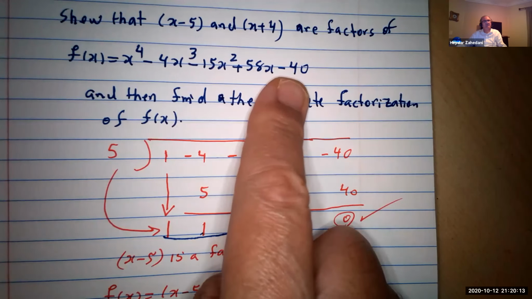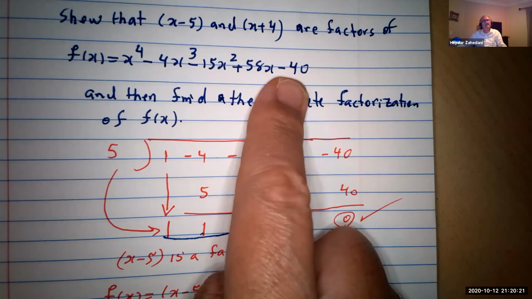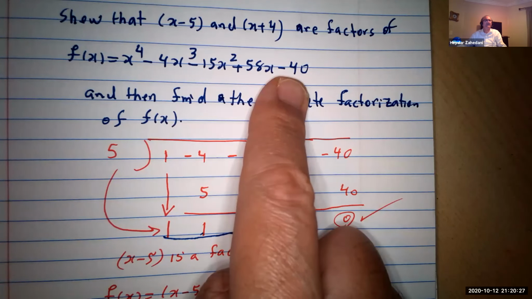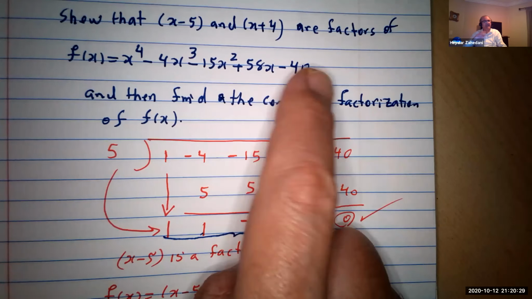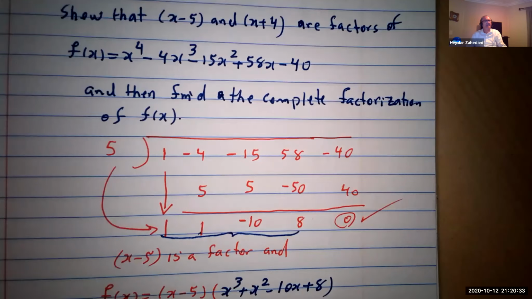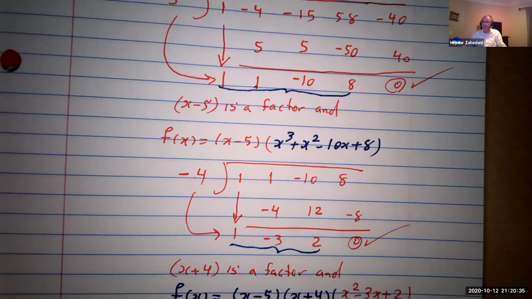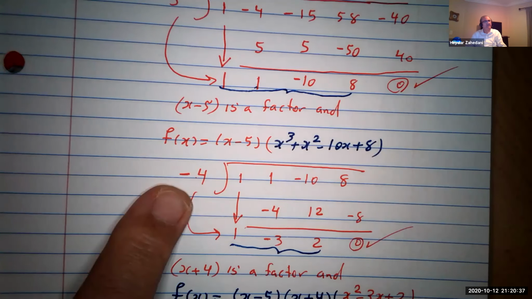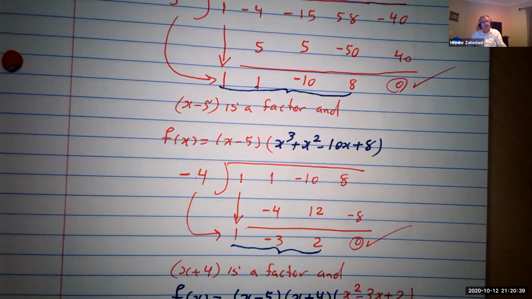We check the divisors of 40. 40 is divisible by 1, 2, 4, 5, 10, 20, 40. These numbers are going to be possible solutions. 5 is one of them, and the -4 is the other one. So we need to find the first one, and we are going to do it next time.